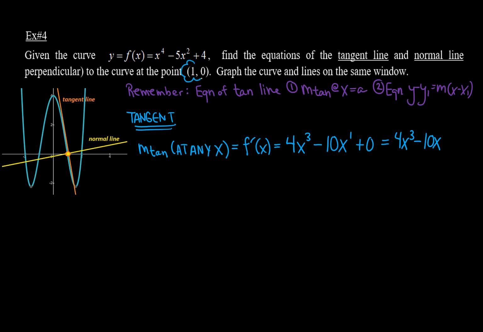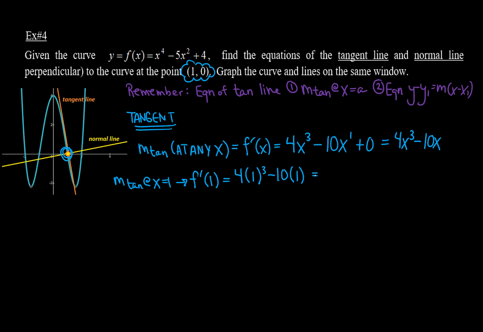Now, I want to keep in mind, I'm not doing this at any point. I am doing this specifically at the point 1, 0. So now I'm going to find the slope of the tangent at x equals 1. So in other words, that's going to be f prime of 1. I'm going to take my derivative function and plug in x equals 1.